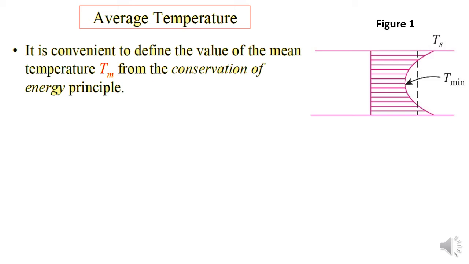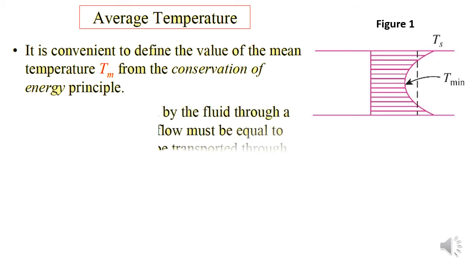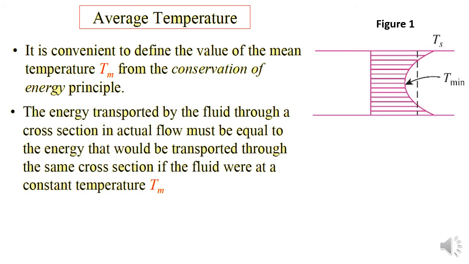It is convenient to define the value of the mean temperature Tm from the conservation of energy principle. The energy transported by the fluid through a cross section in actual flow must be equal to the energy that would be transported through the same cross section if the fluid were at a constant temperature Tm.